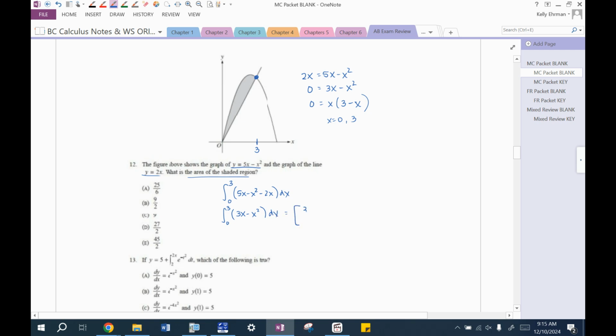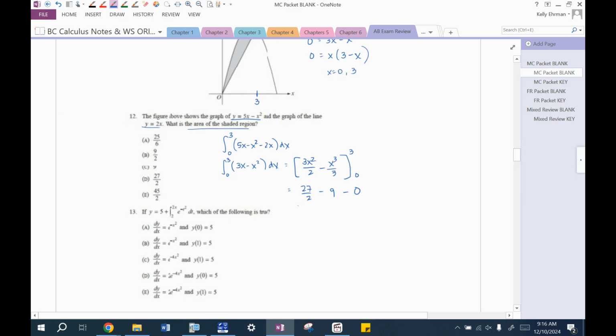So this becomes 3x squared over 2 minus x to the third over 3, going from 3 to 0. This is 3 times 9, so 27 over 2 minus 27 over 3. 27 over 3 is 9, minus 0. 27 over 2 minus 18 over 2 is 9 over 2. So I am getting B for this one.